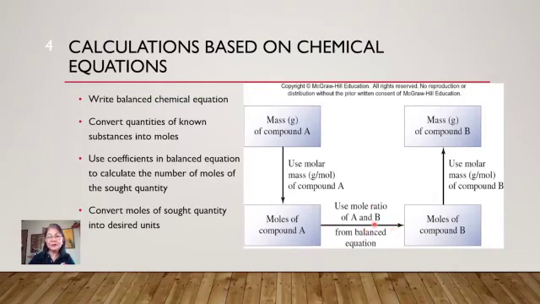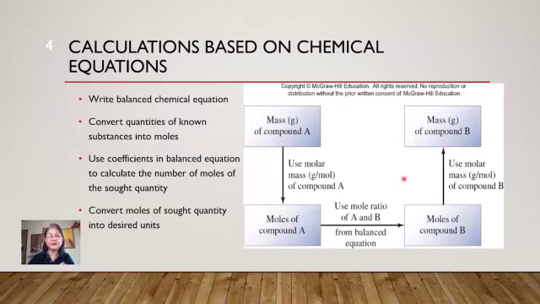Using the mole ratio, we convert the number of moles of A into the corresponding number of moles of B. If the mass of B is being asked for, we simply multiply the number of moles of B with the molar mass of compound B. So this is the whole picture.